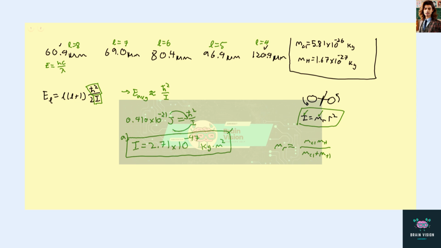So for C, and this is B, we can just plug in to solve for R. And if you do the math there, you get that it is 0.129 nanometers.